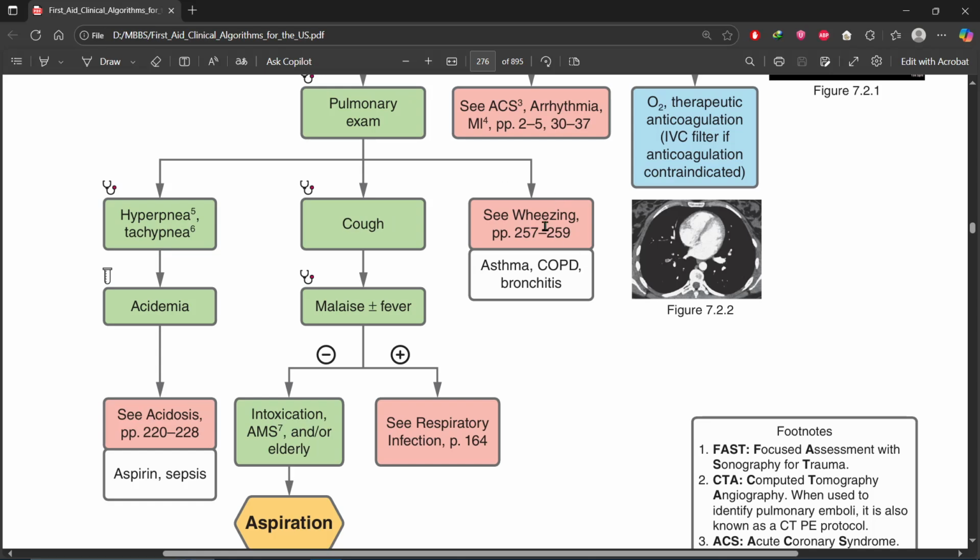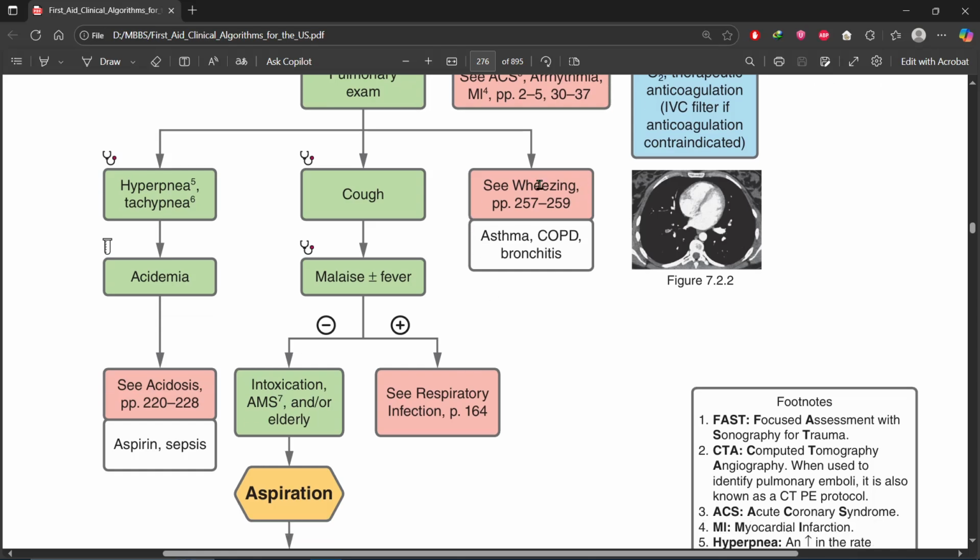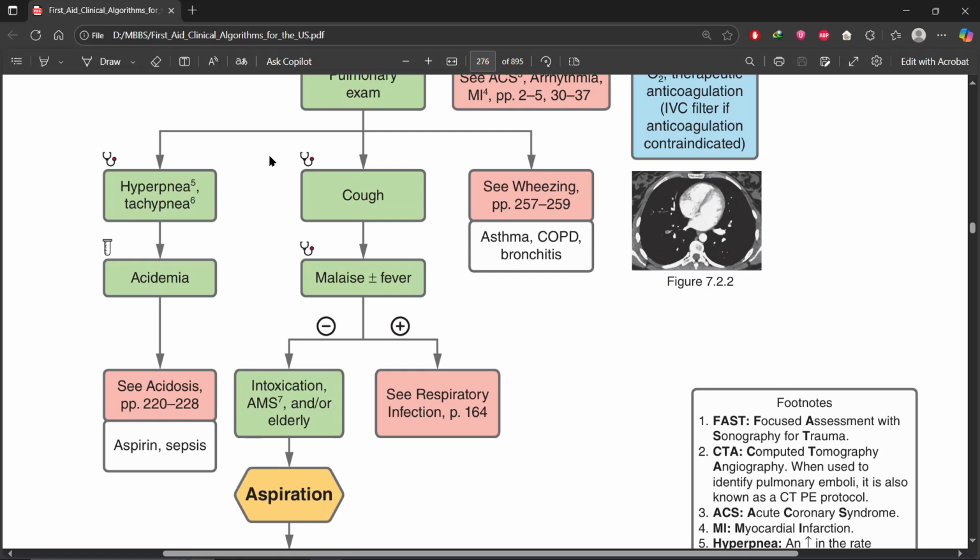So if it is wheezing, then we would concentrate on the COPD, asthma, and bronchitis pathway, because wheezing is classically associated with asthma, COPD, or bronchitis. But hyperpnea and tachypnea would lead us to checking the acid-base status of the patient, which would in turn lead us to check if it is acidosis. Then it would lead us to different differentials such as aspirin or sepsis.